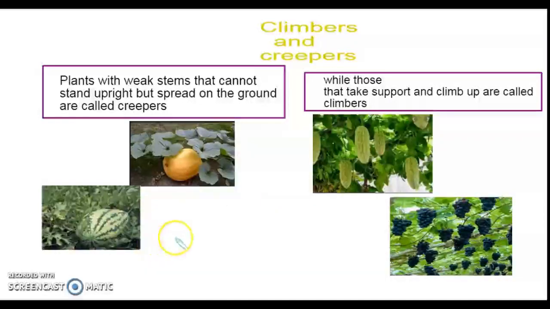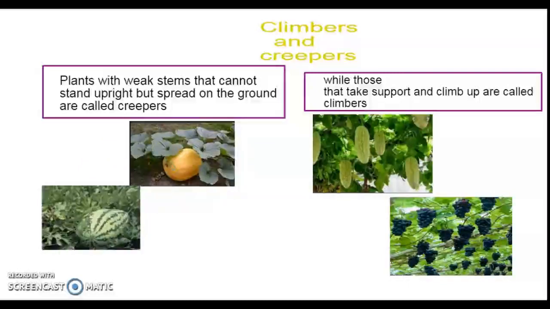Such plants which spread on the ground are known as creepers. The word itself suggests what creepers are. They creep, they crawl on the land. So a plant which cannot stand upright, which has a weak stem and which spreads on the ground is known as a creeper.